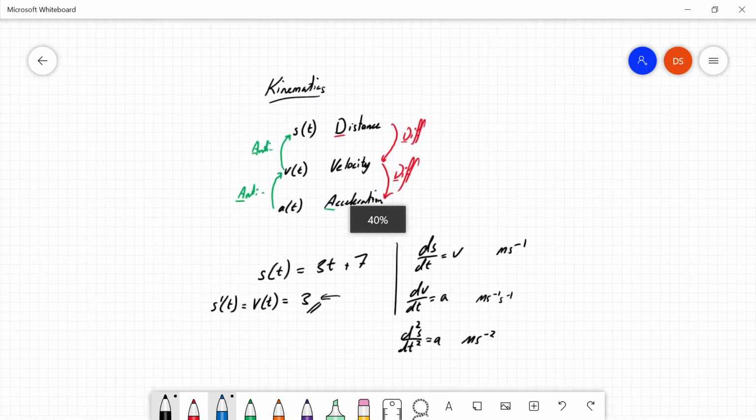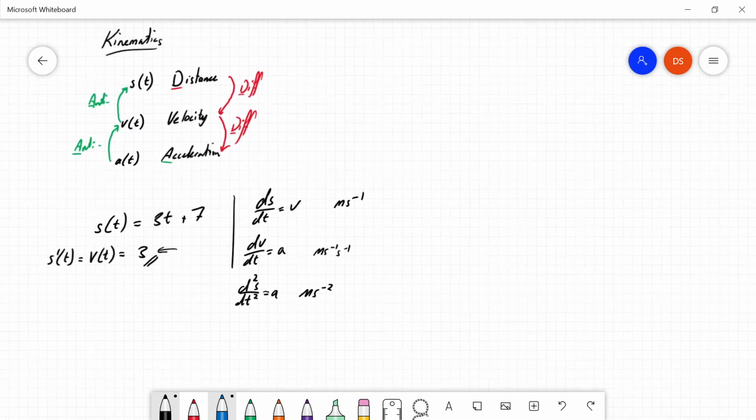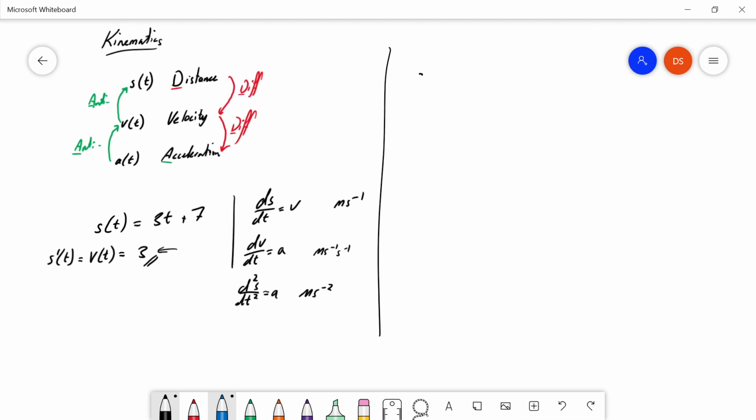Let's try an example where we might need to work something out. Given the function for distance from a point, in maybe meters, is 3t squared plus 7t plus 5. If I wanted to find the distance traveled by a particle at 3 seconds, I can just plug in 3. But I could find the velocity by differentiating this, 6t plus 7.